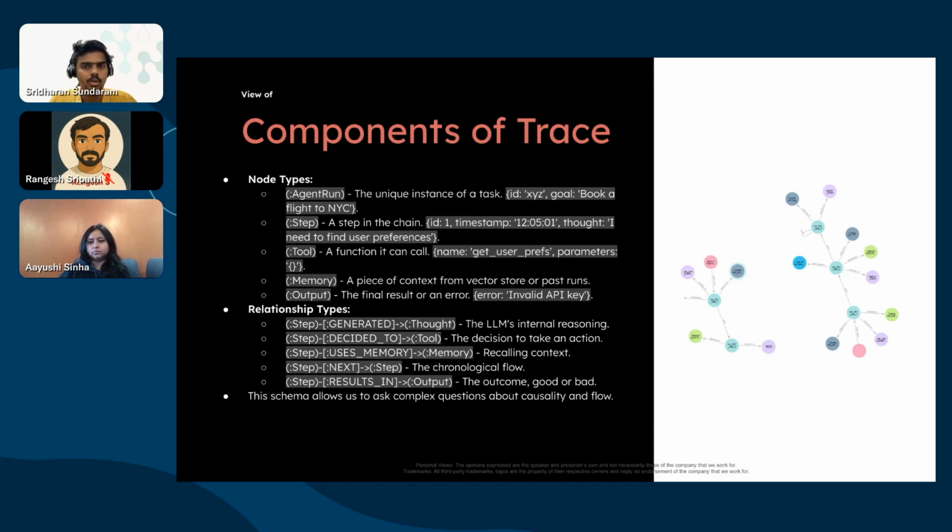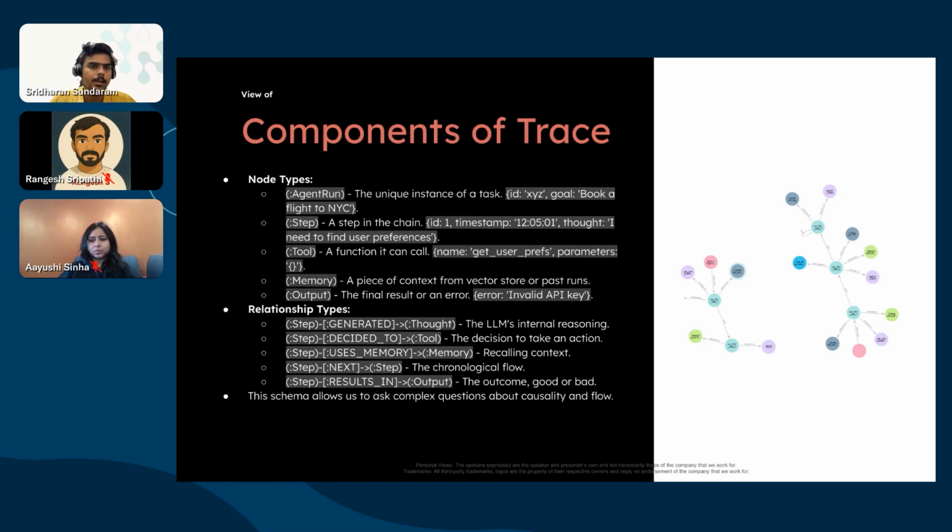I'll be showcasing a demo about another example, but this is the step node. And then we have the tool itself. Once the agent decides on a step, it needs to call the appropriate function, right? Those functions can be encoded in these nodes, which we can label as tools. For example, get user preferences can be one tool, and another function can be another tool.